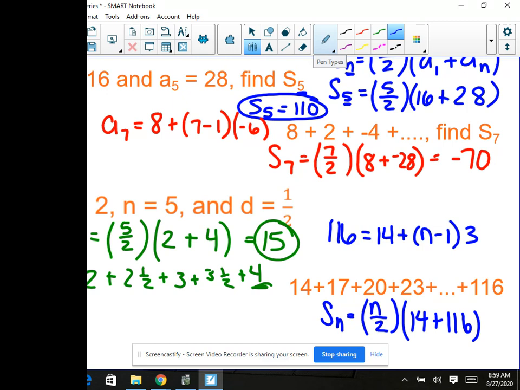So I can either start off by subtracting 14, divide by 3, add 1. Some people might have distributed, combined like terms, and then proceeded from there. It doesn't matter. What did y'all get for your n value? How many terms are we looking at here? 35. 35, okay?